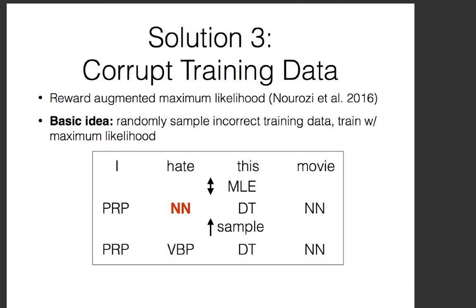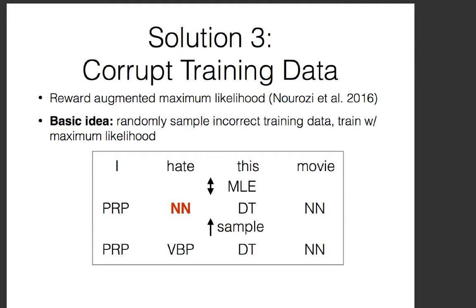So this is very strange if you first hear about it, right? You're basically adding noise to your training data. And adding noise to your training data seems like a really bad thing, especially if you're training with something like maximum likelihood.